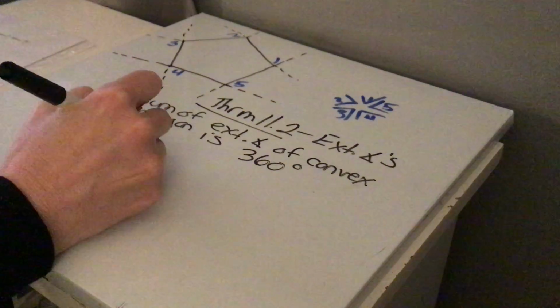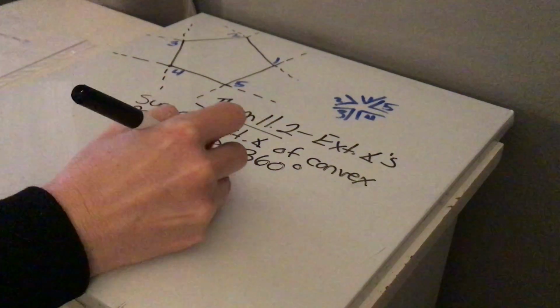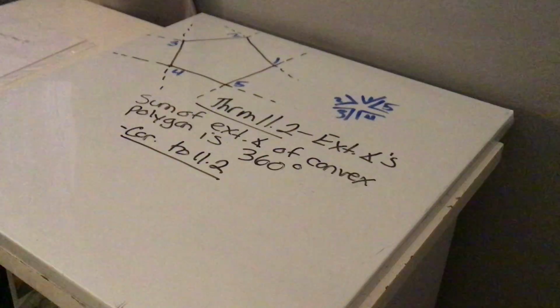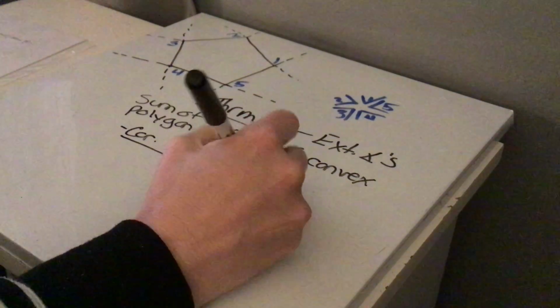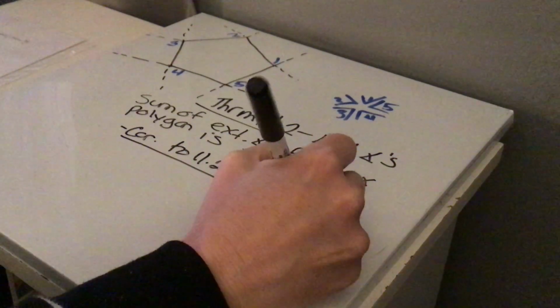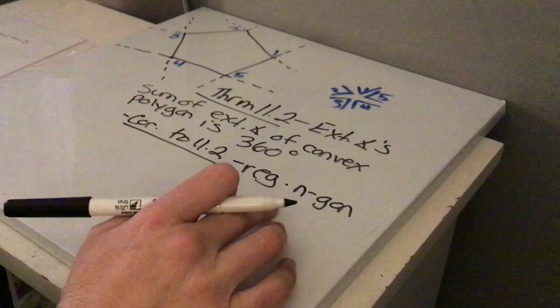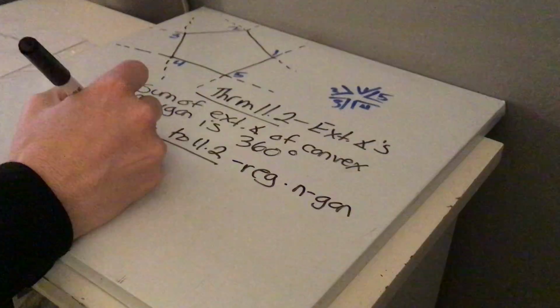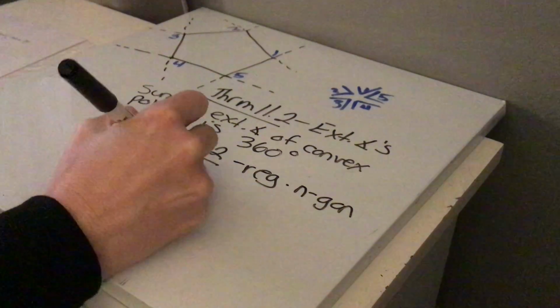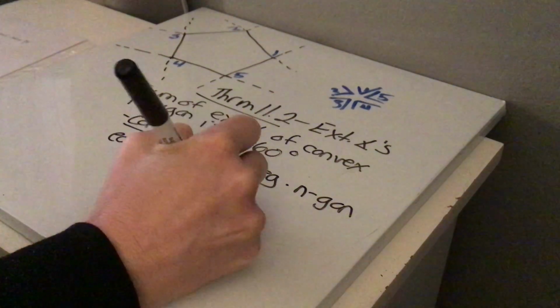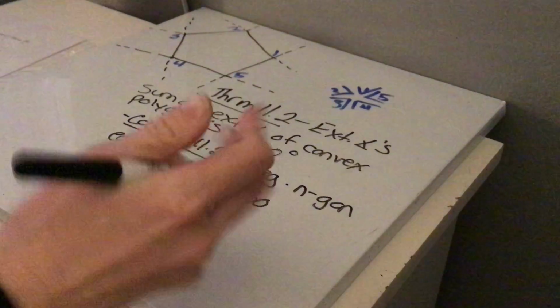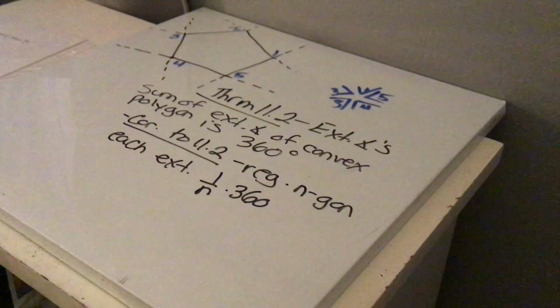So then our corollary to that, or addition to that, okay, says if it's a regular n-gon, n just being the number of sides, then the measure of each exterior angle is going to be 1 over n times 360. Just like the corollary to 11.1.